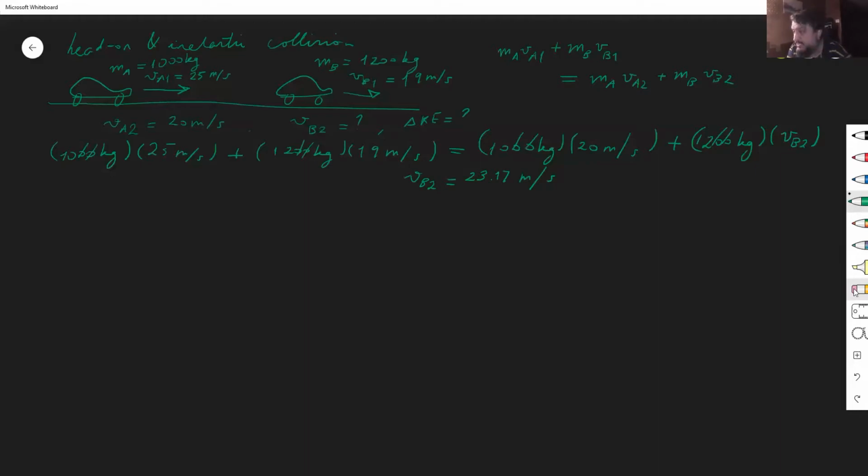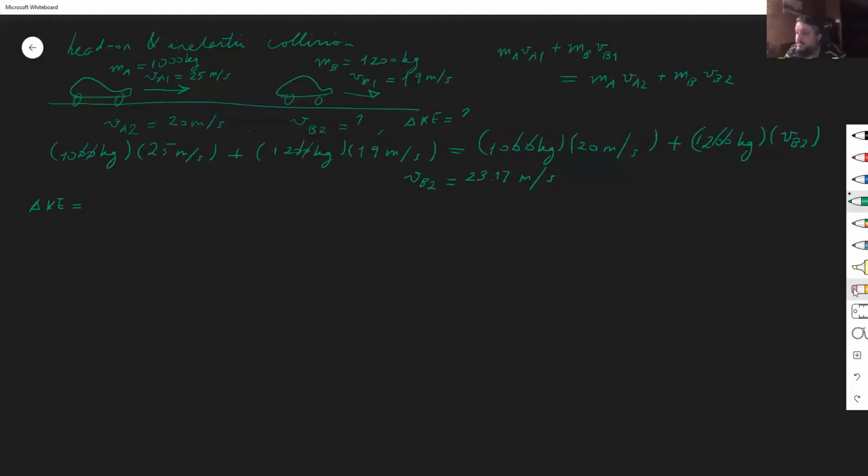Now, what about the change in the kinetic energy? Let's calculate that now. The change in the kinetic energy will be a negative number because the final total kinetic energy will be less than the initial total kinetic energy. Some of this will be turned to heat or internal energy or even sound.